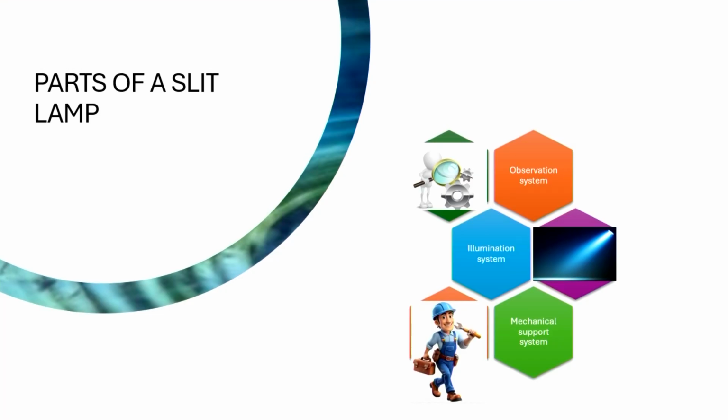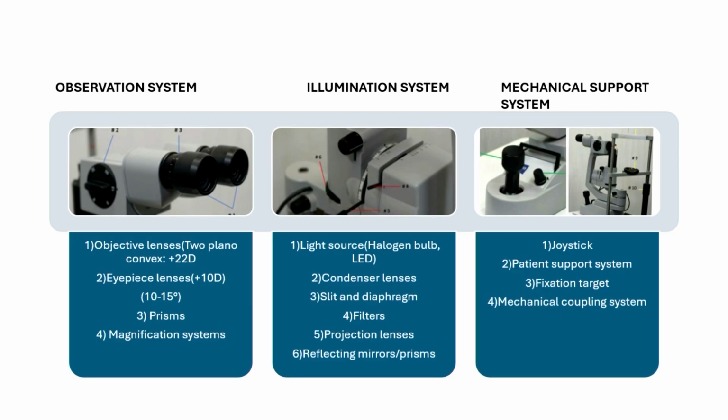Parts of a slit lamp consist of the observation system, illumination system, and mechanical support system. Observation system: it consists of objective lenses, basically two planoconvex lenses of plus 22 diopter power, and the convex surfaces oppose each other.